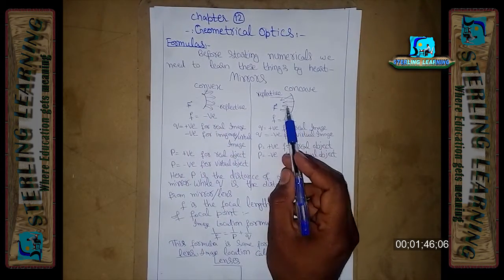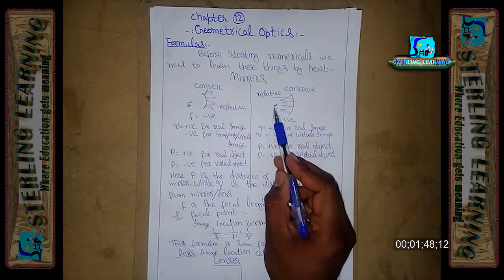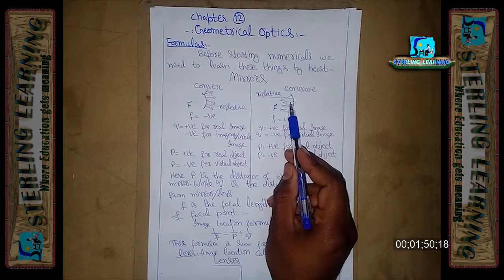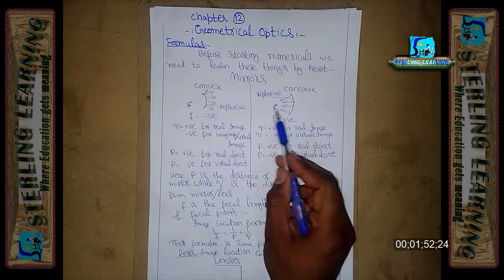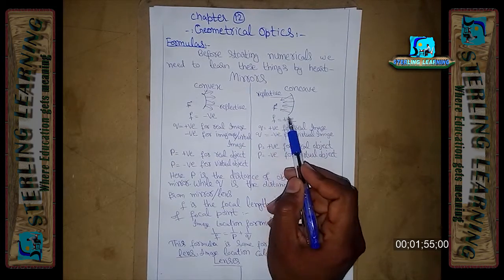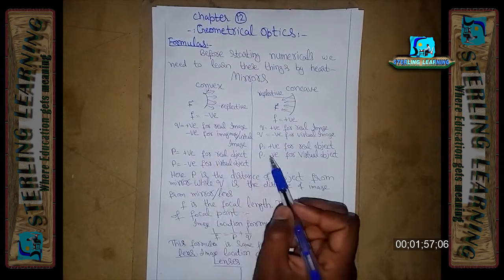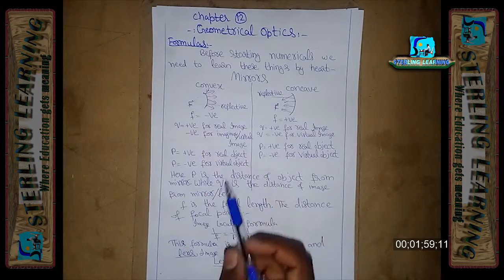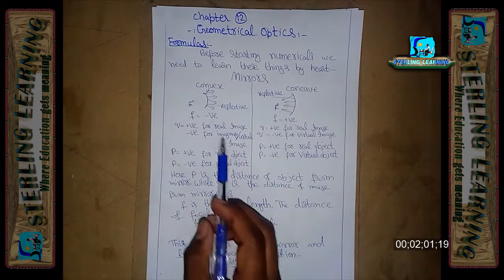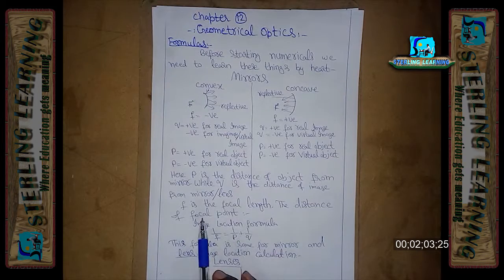In the case of concave mirrors, the reflective side is the inner side, and actual light passes through the focal point, so F is positive. Now the Q and P rules are the same. First we need to discuss Q and P, the image location formula. This formula is the same for lenses and mirrors.